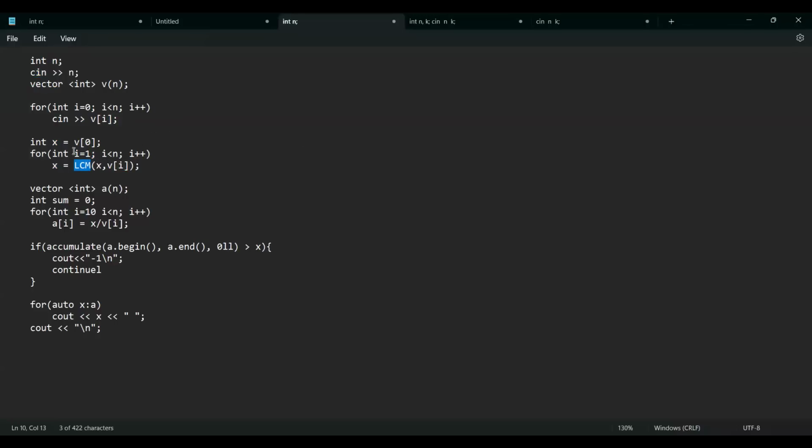GCD is an STL function. You can write your own also, but you can get it from the STL. By the way, LCM is also defined from C++17 or maybe C++20, I'm not sure. Then for each, I calculate these many coins I'll get.